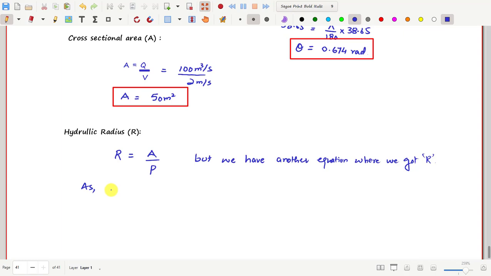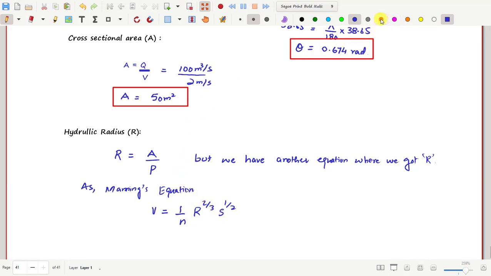As we know, Manning's equation is V, the velocity, is equal to 1 divided by n, the roughness coefficient, then R raised to the power 2 by 3 and S raised to the power 1 by 2.